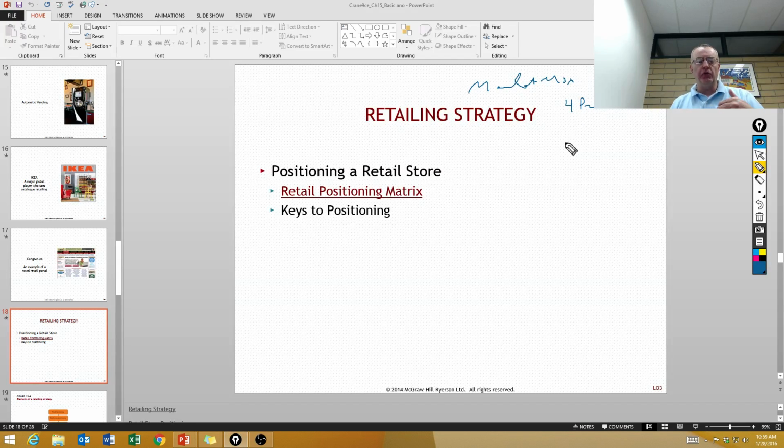So we have these 4 dimensions of marketing that all boil down to words beginning with the letter P. So we have product, price, promotion, and place, otherwise known as distribution. So we can apply the 4 Ps of marketing to individual products, but we can also apply an analogy to the 4 Ps of marketing to retail stores themselves.